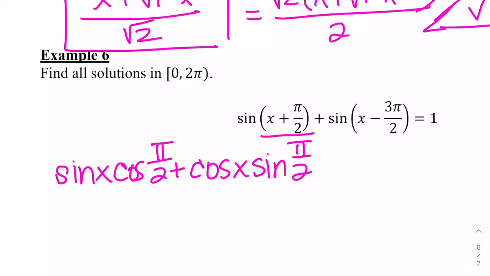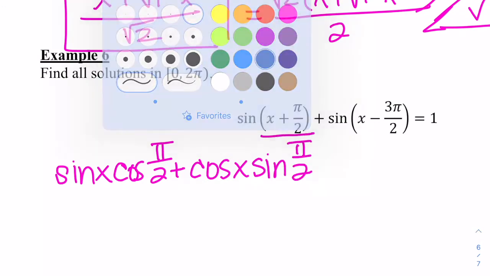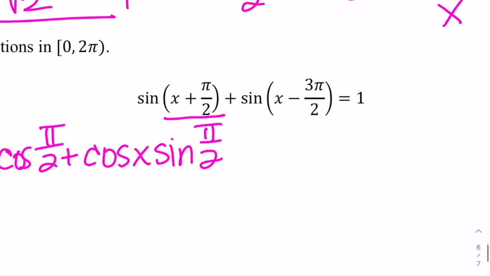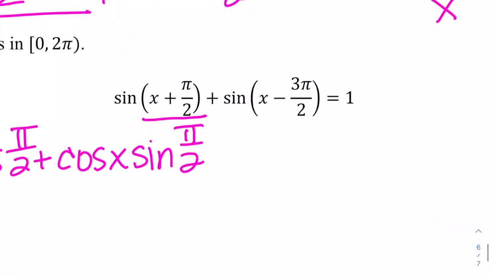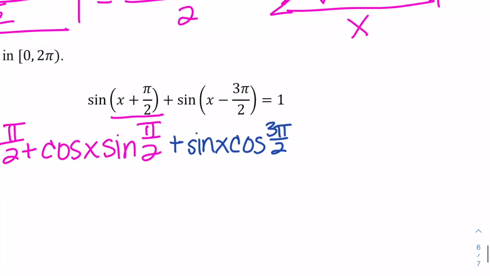So that's right here. And then for the next one, sine of x minus 3 pi over 2 is going to be sine of x cosine of 3 pi over 2 minus cosine of x times the sine of 3 pi over 2. And that's all going to equal 1.